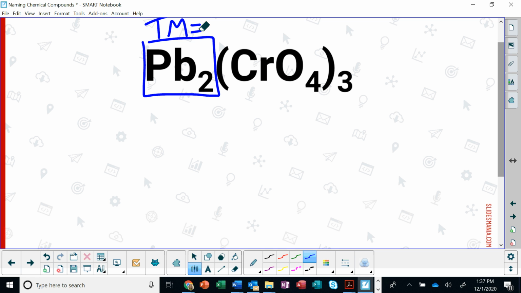It's still a metal, so it's still ionic, which means no prefixes. So we're going to go ahead and we're going to name this. Looking on the periodic table, Pb is lead.